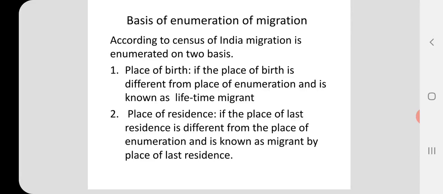So, if people move from one place to another and then change their residence frequently, and the place of enumeration is different from their previous place of residence, they will be called migrants by place of last residence. Okay, so there are two bases, place of birth and place of residence.